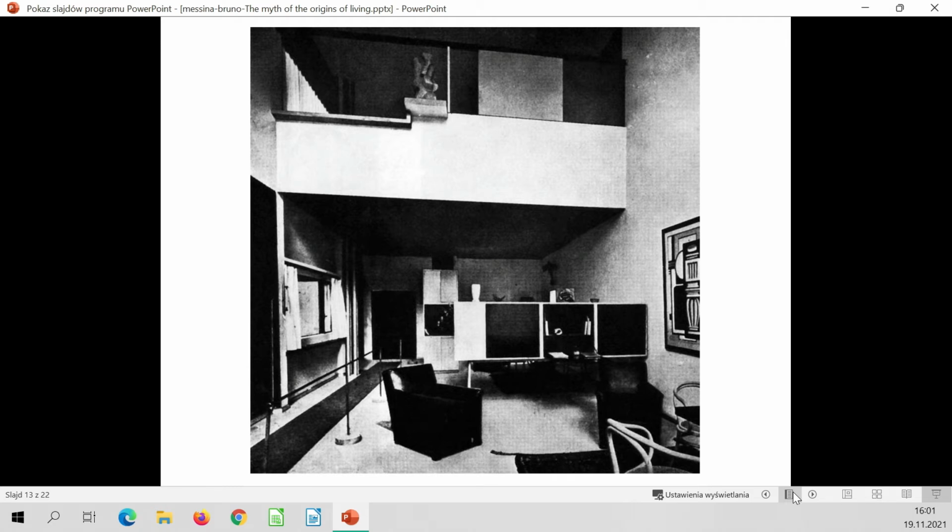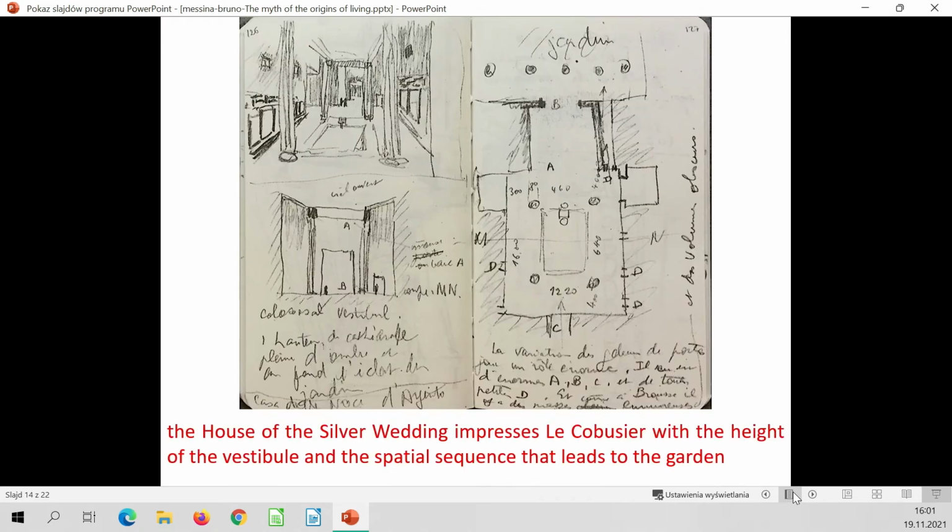This research on the value of the void as a compositional nucleus of the domestic space is a legacy of the youthful suggestion of the Voyage d'Orient. In 1911, Le Corbusier visited Pompeii.